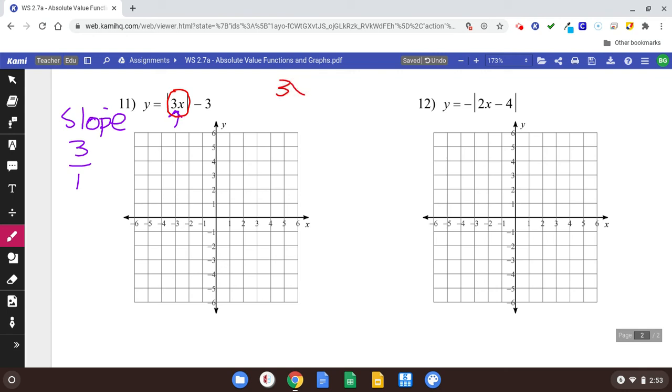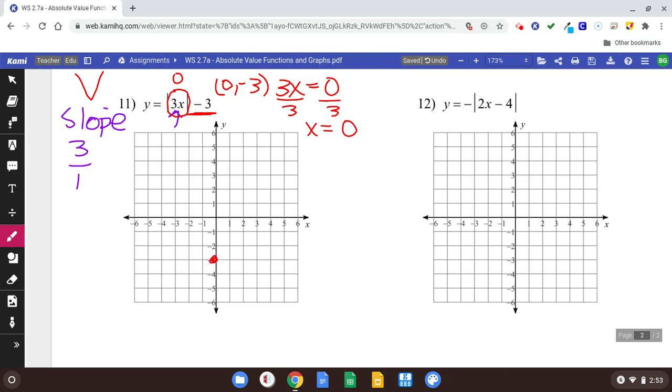We want to make sure that 3x equals 0. So be very careful on that. If I solve that equation, I'm going to divide both sides by 3, and I get x equals 0. So there's the middle of your V shape. This says down 3, or you can think about your vertex as being 0, -3. Find that point first.